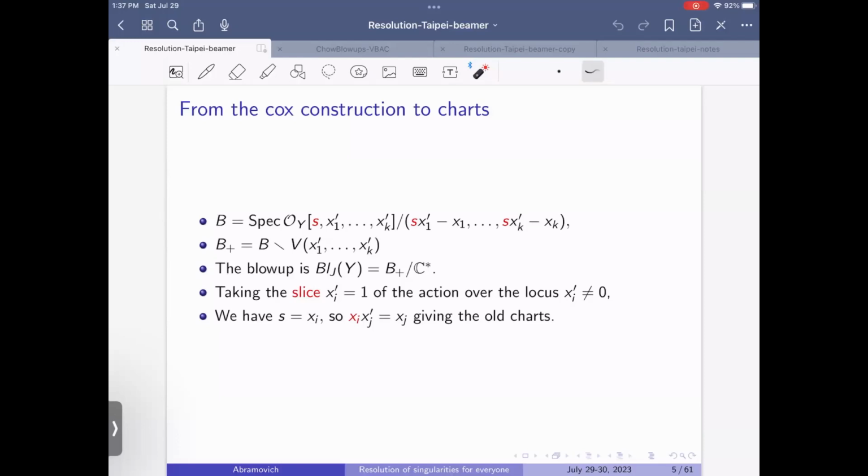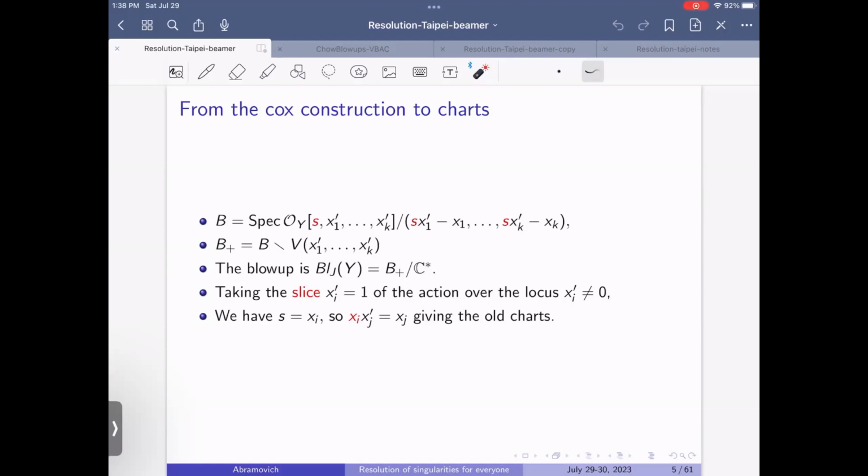The next thing I want to tell you is what this B is. I came to believe that in some sense B is more fundamental than the blow-up itself. It's something that is also familiar to you if you have, for instance, read Fulton's book about intersection theory.